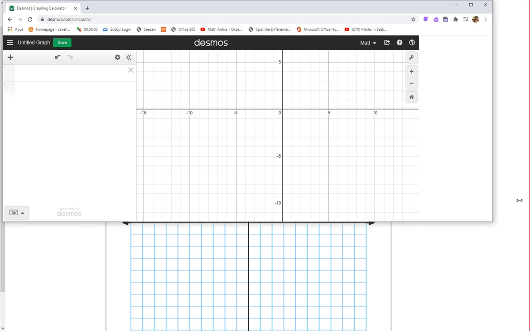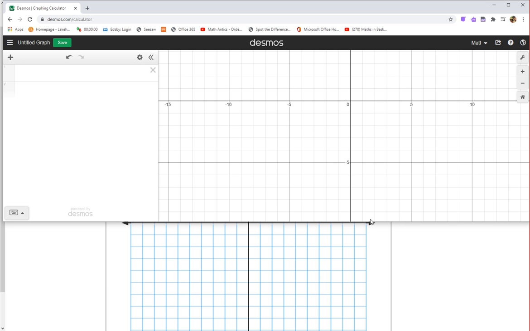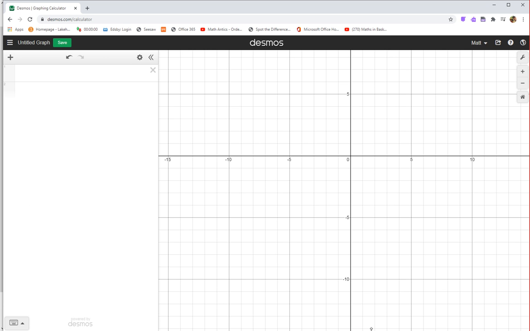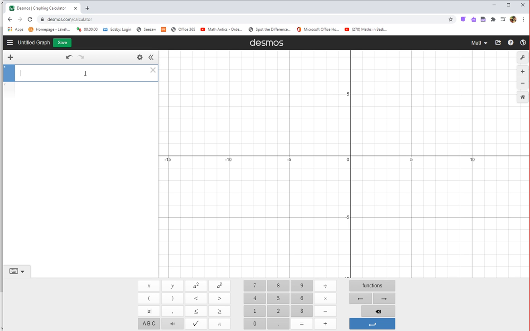Okay, here comes our Desmos graph. Sorry folks, this takes a minute to fill up this space. Okay, good.